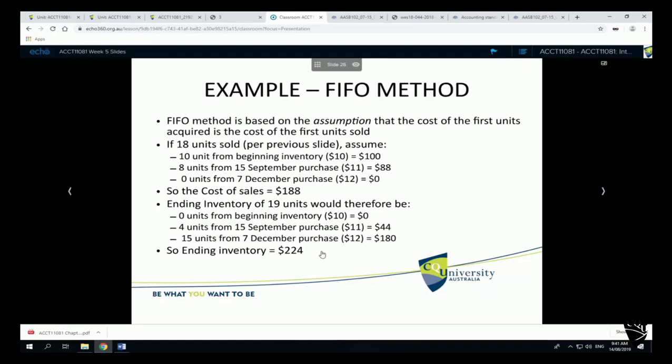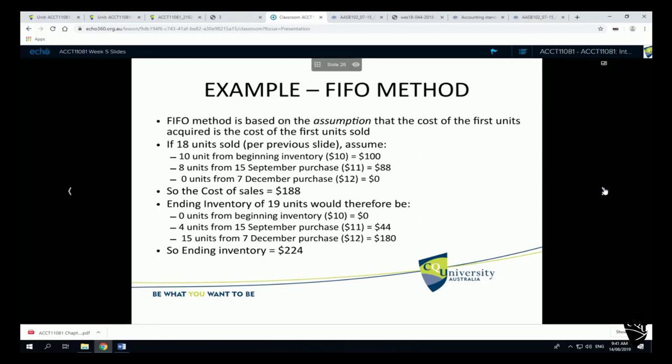Using this method, we've assigned the value of the first units of inventory purchased to the first units sold. Hence the name first in, first out. These were the first items we got in. They were the first items we sold to customers.